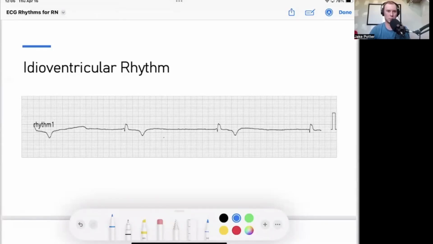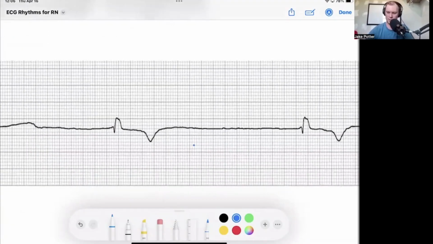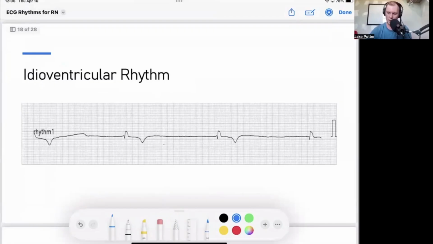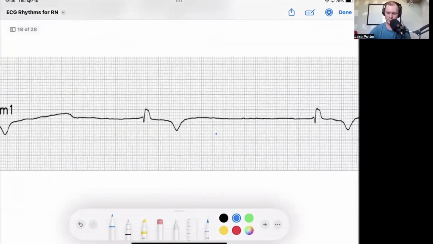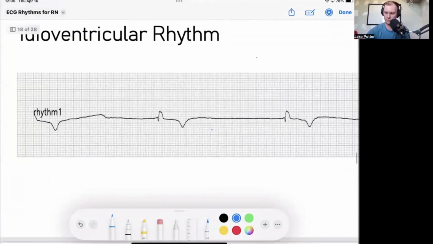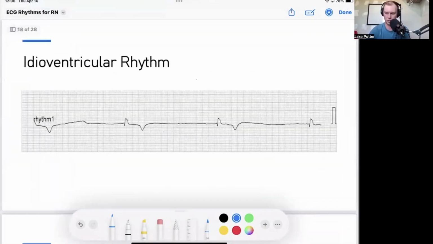You can see the same thing post cardiac arrest if you have gotten return of spontaneous circulation and you see this big, wide, slow rhythm. That's likely just a reperfusion rhythm, which is this idioventricular rhythm. In very simple terms, a slow, wide rhythm is idioventricular.